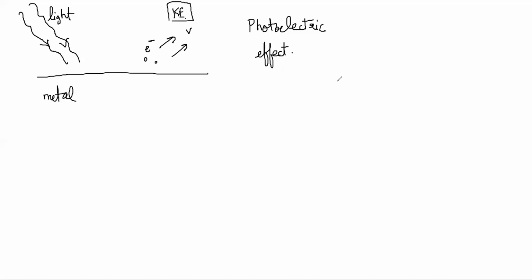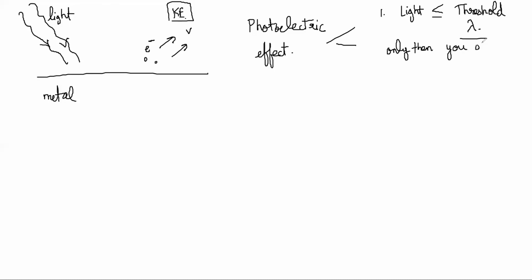The observation that was seen was that light has to be less than some particular threshold wavelength. Only then will you observe photoelectrons. No matter what you do, suppose you take light of longer wavelength. Longer wavelength means less energy, right?